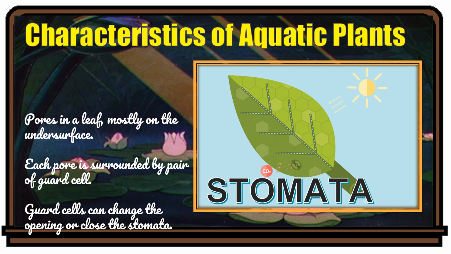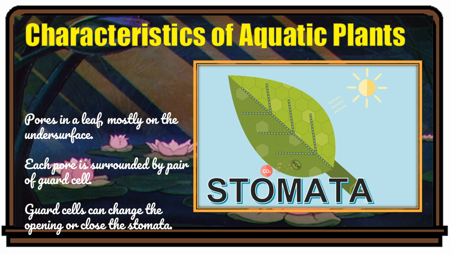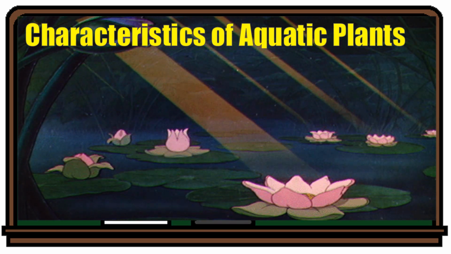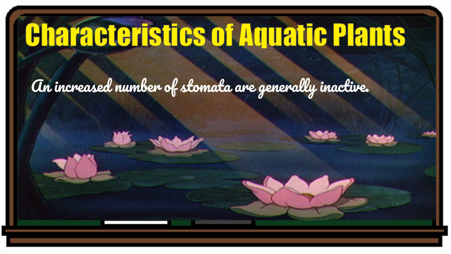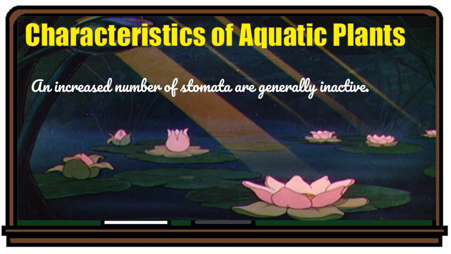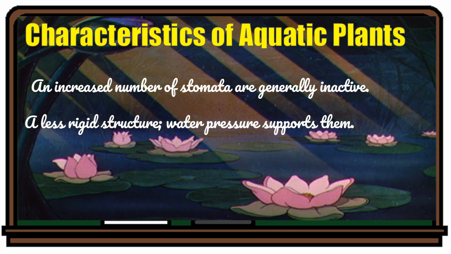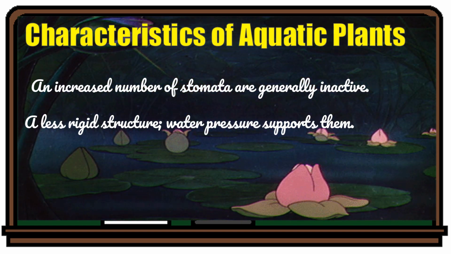Guard cells can change the opening or close the stomata. Another characteristic of aquatic plants, an increased number of stomata, which are generally inactive. A less rigid structure means water pressure supports them.